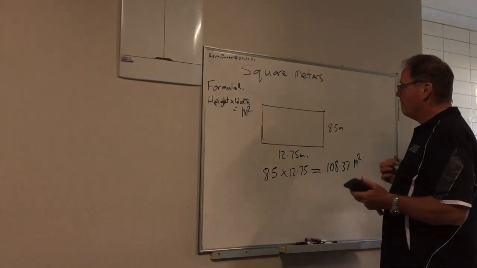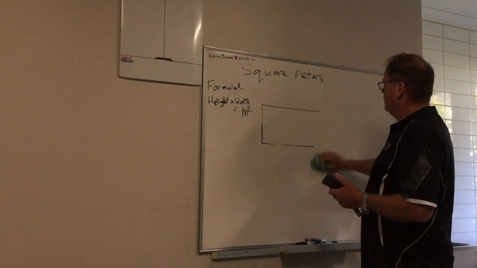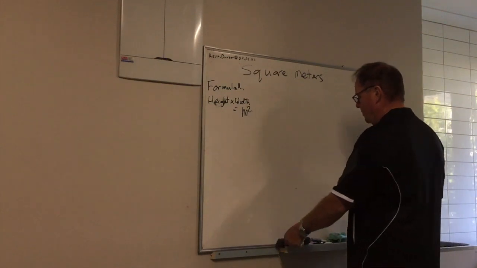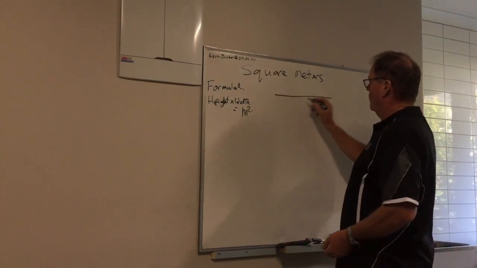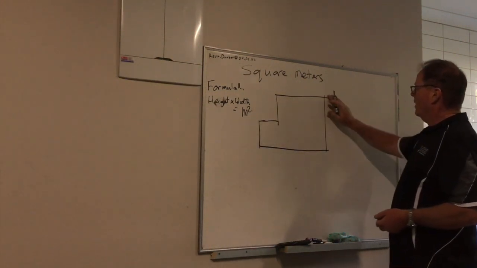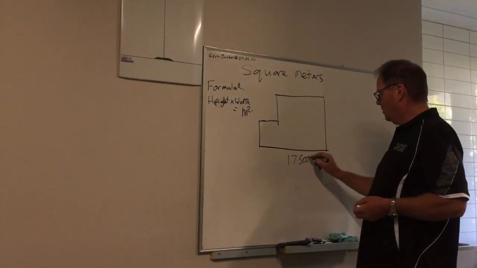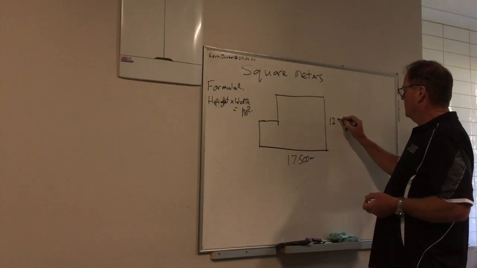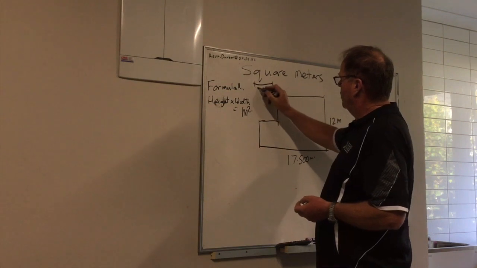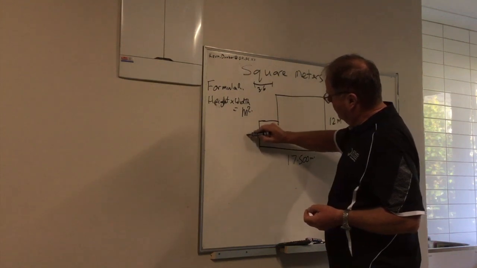Now, if we bring a rebate into that equation, how do we go with that? That could be the shape of our house: 17 metres 500 long, 12 metres high, and it's got a rebate of 3.6, and that measurement there is about 5.5.